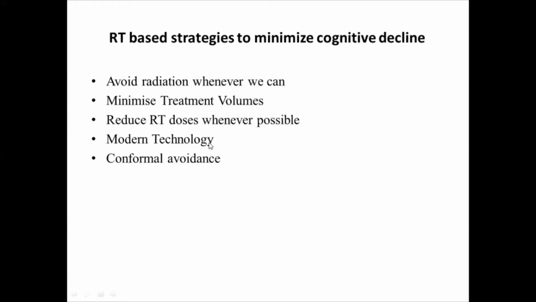And obviously, last but not the least, conformal avoidance of hippocampus, putamen, temporal lobes, frontal lobes. So these are the strategies by which we can minimize the cognitive decline.